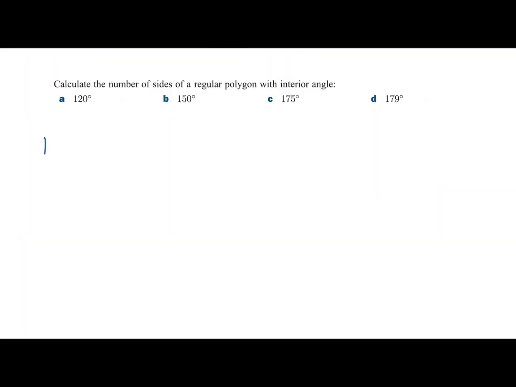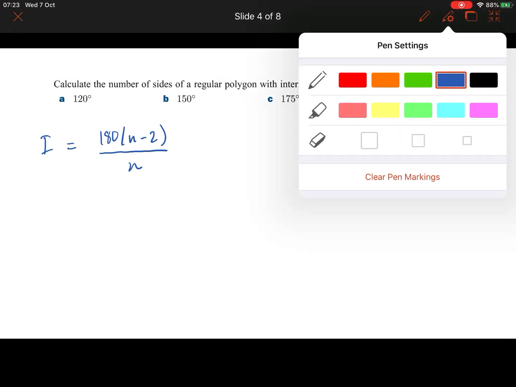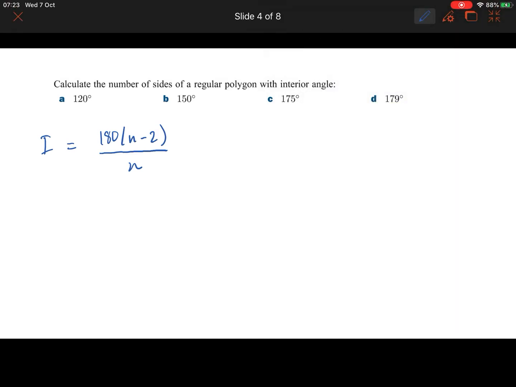So let's write down that. The interior angle in a regular polygon is 180 times n minus 2 over n. Okay, well, let's put in what we know into this equation. We know that the interior angle is 120 degrees, but we don't know n.